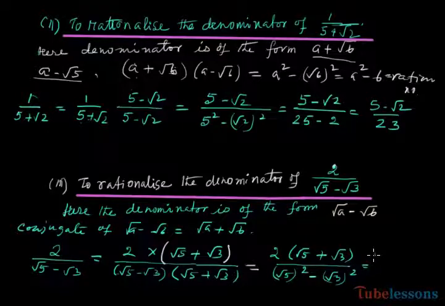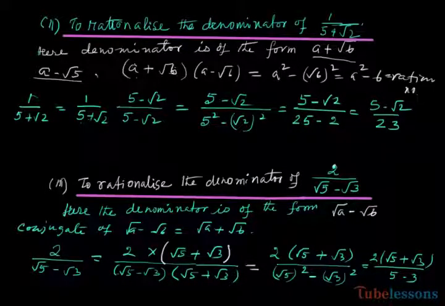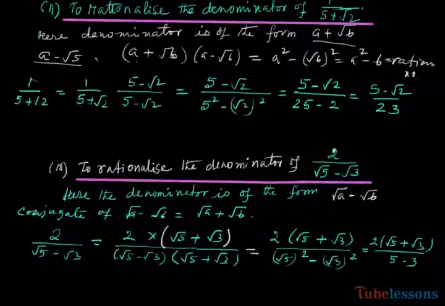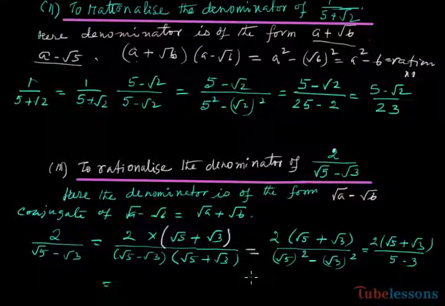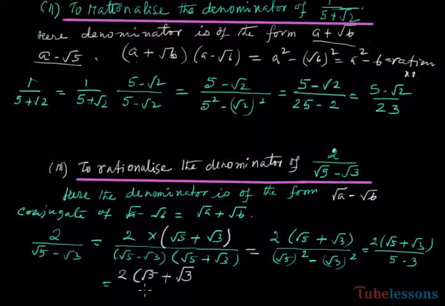So this becomes 2 into root 5 plus root 3 by 5 minus 3. 5 minus 3 is 2.